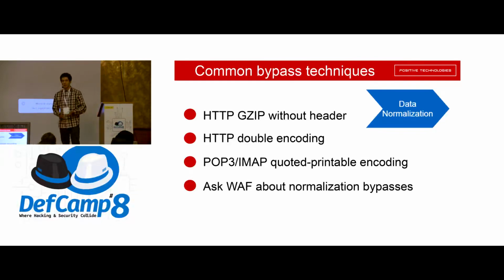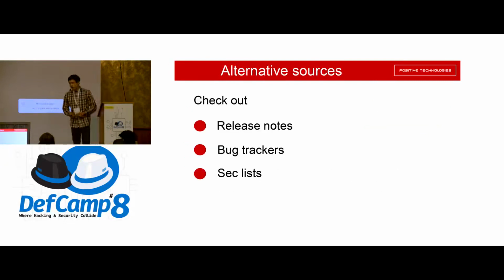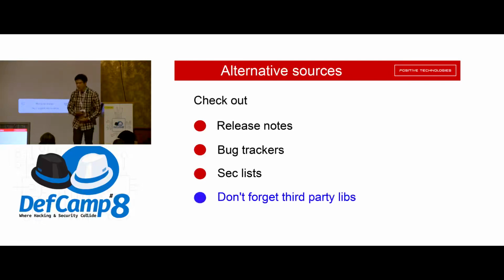Also, the IDS systems we are talking about may not support some protocols or encodings, like quoted-printable, which we can see in POP3 and IMAP email protocols. Besides that, some IDS-specific flaws you can find in a vendor bug tracker, and the same applies to the third-party libraries that an IDS uses.